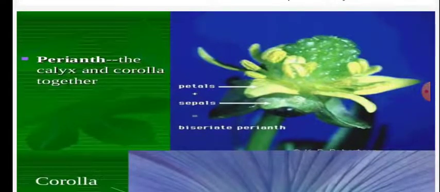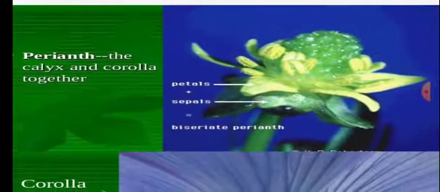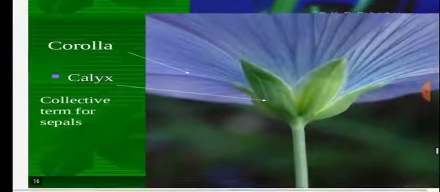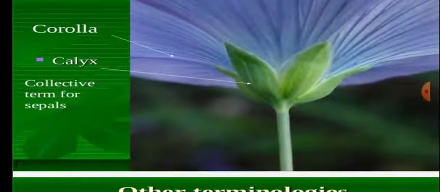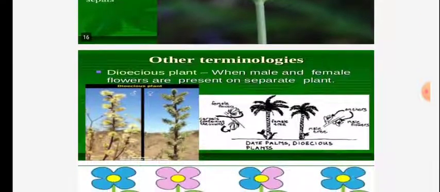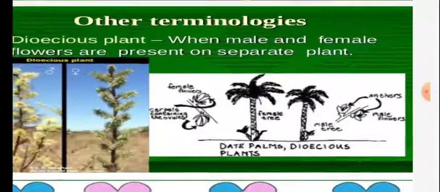Then here you are observing the perianth. Perianth, that is the tepals, where petals and sepals are not distinguished. Then corolla is there. Calyx shows the sepals. Then another terminology we use is dioecious and monoecious condition.